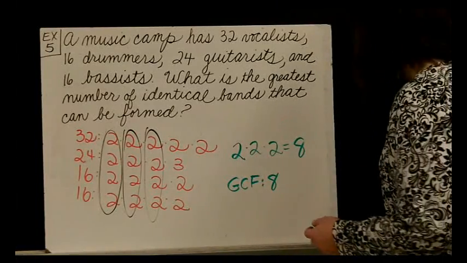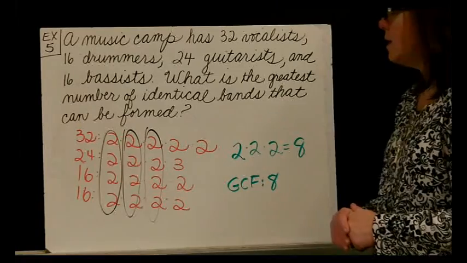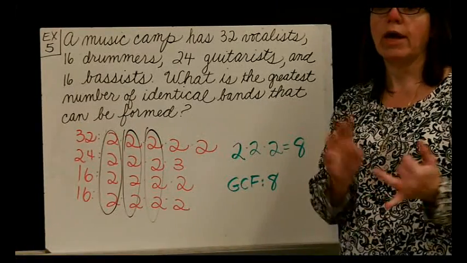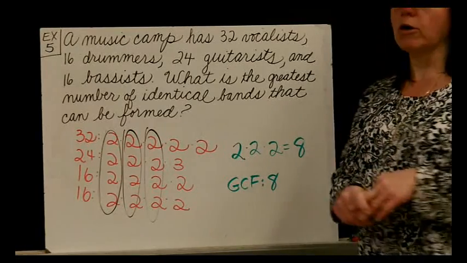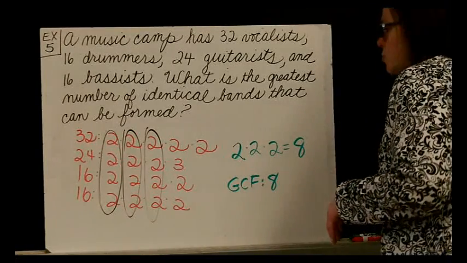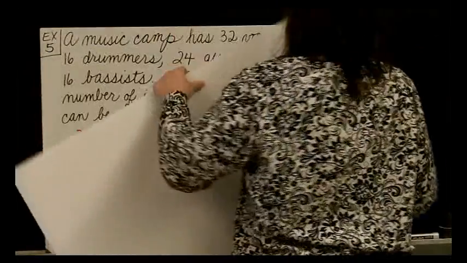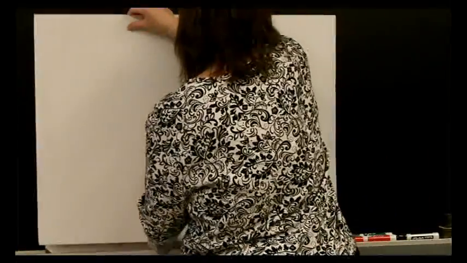But let's take this a step further. What if you were being asked, well, in your 8 bands, how many vocalists are there? How many bassists? How many guitarists? And how many drummers? Well, here's how we would do that. So let's just recap.